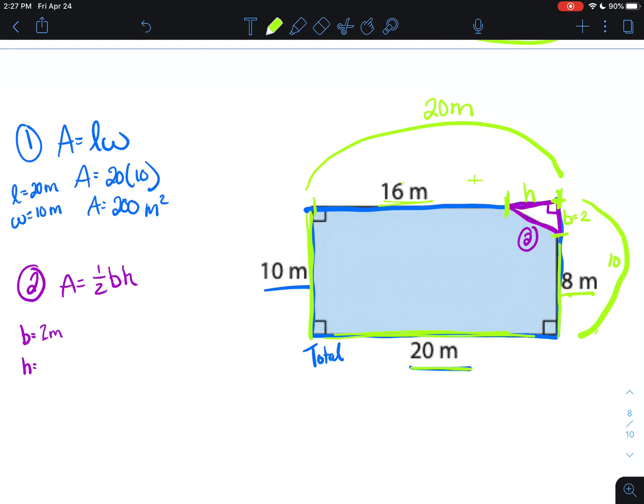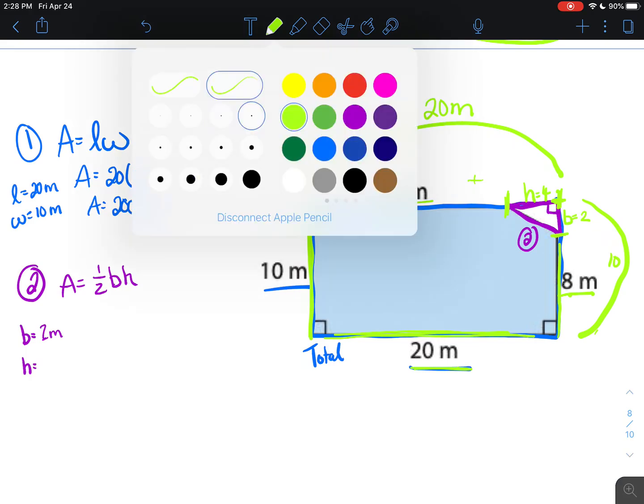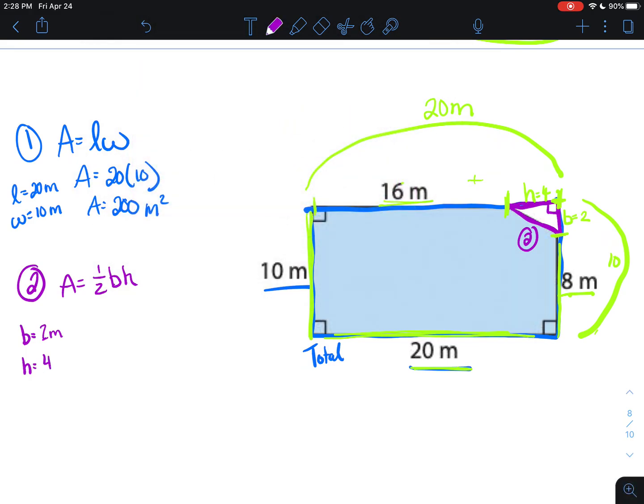So 16 plus something else is going to get us 20. 16 plus 4 would get us 20. So you could do 20 minus 16 to figure that out. So the height of that is actually 4 meters. If you did not catch what I just did there, rewind and watch what I did again.